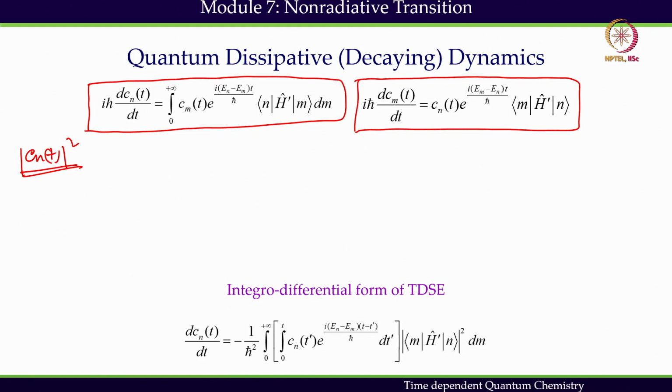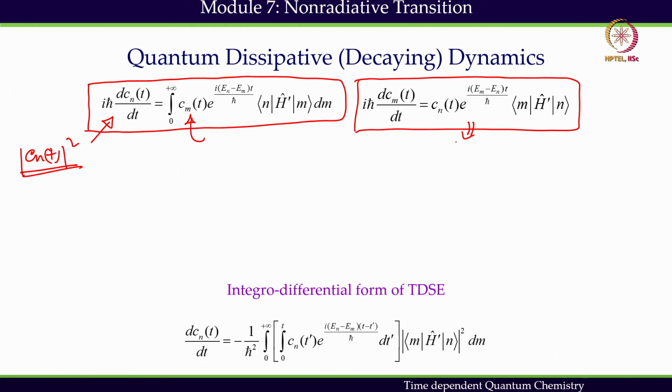So that's exactly what we are trying to find out. From this equation I can get it, but the difficulty in this derivation is that I have to find an expression for Cm, and the Cm expression can be obtained from this equation.